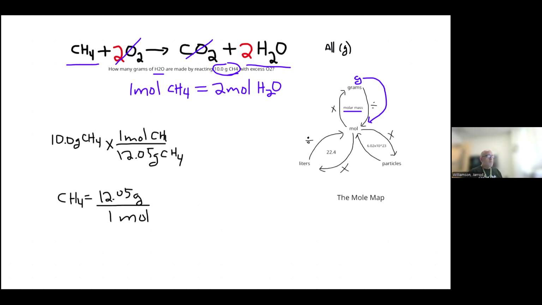Look right. Now I've converted it to moles. I'm done with the mole map now.